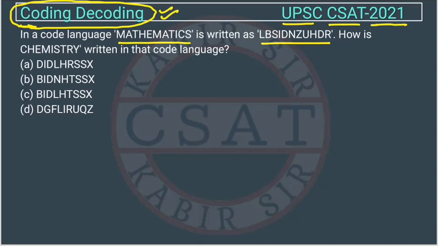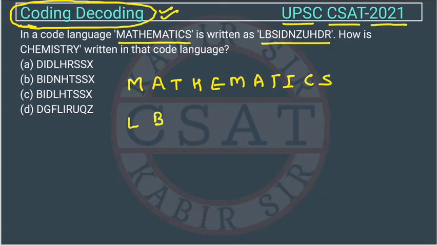So in some code language mathematics is written as this one, and we have to find what logic they have applied to convert it into this new code. And the same logic we will apply on chemistry. So we have to find which logic is used.